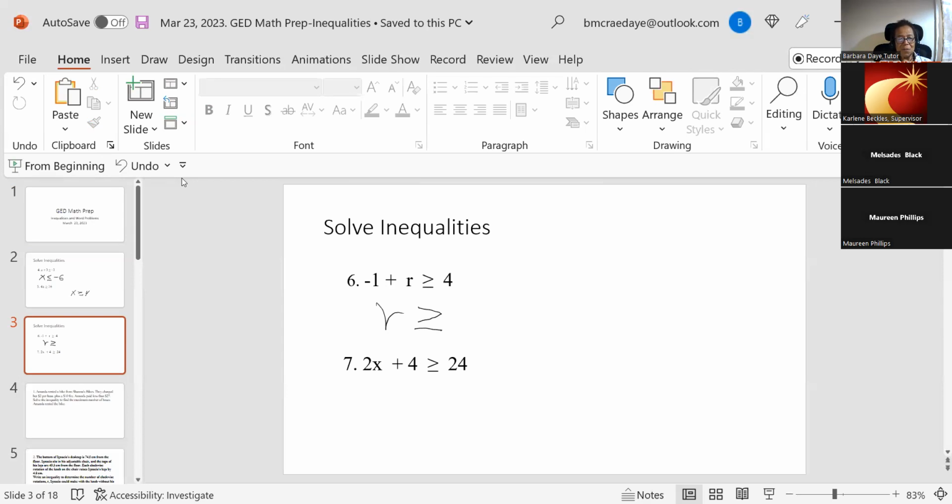Um, -3. How do you get a -3? Because I'm subtracting 1 from both sides. Why would you subtract 1? It's a negative, so you've got to add the 1. If you want that to go to 0, you got to add the 1. So what's 4 plus 1, Mercedes? 5.